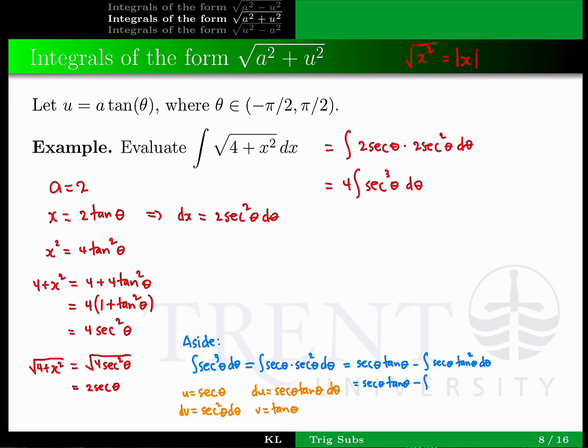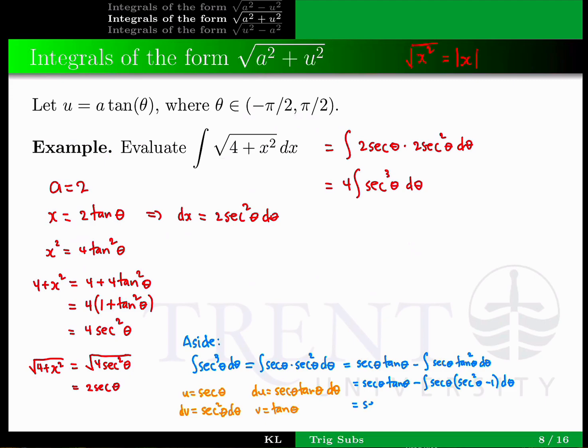The second part, we change tangent squared theta into secant. So in here, we will have secant theta times the identity, secant squared theta minus 1, d theta. Then we can distribute.